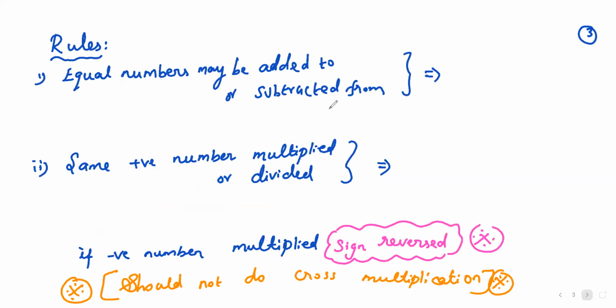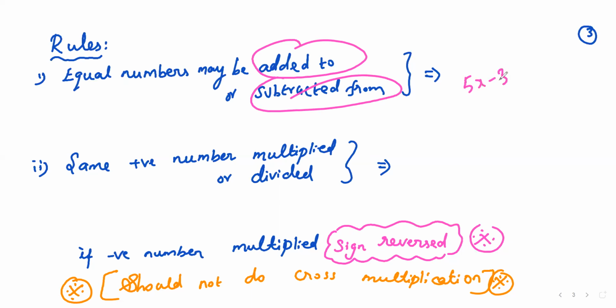Okay. Next, what are the rules to solve inequalities? Equal numbers may be added to or subtracted from both sides. Suppose you have 5x minus 3 less than 3x plus 1.